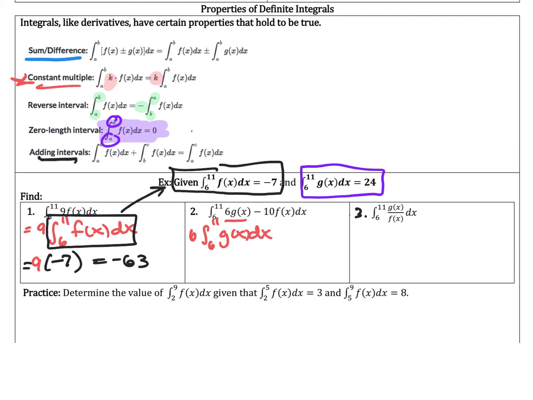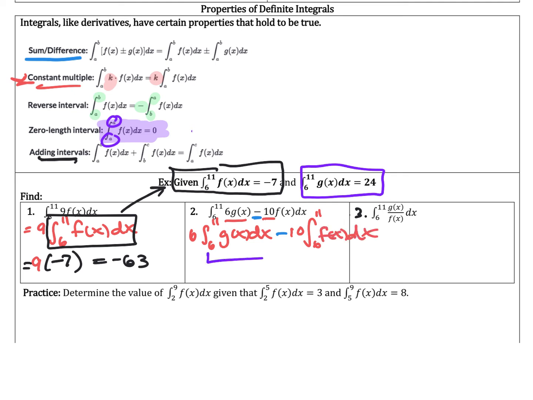And then we can take this other scalar, this -10. This negative we can take out based on the sum difference property, and the 10 we can take out based on the scalar property, times the integral from 6 to 11 of f of x dx.